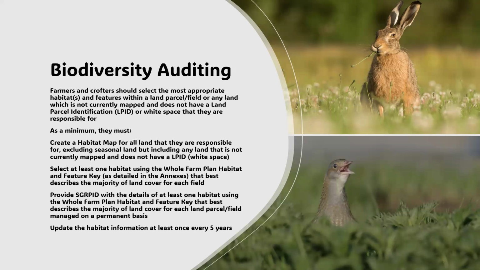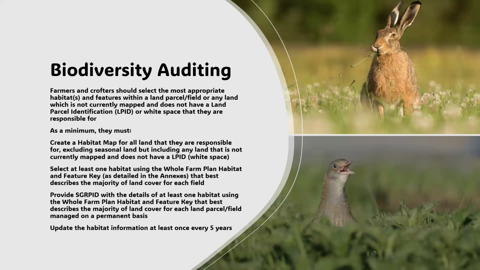Now that's not limiting. That's not to say that you can't have multiple habitats, but as a minimum standard for your habitats map, we want you to identify the dominant habitat, and where possible, depending on how you're recording that information, to comment on the condition of that habitat and whether or not it's species rich.